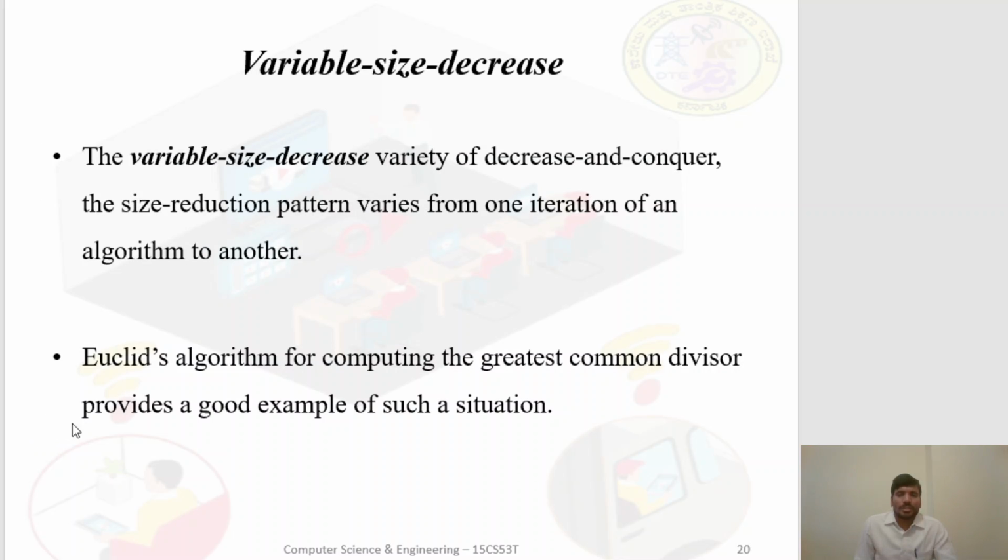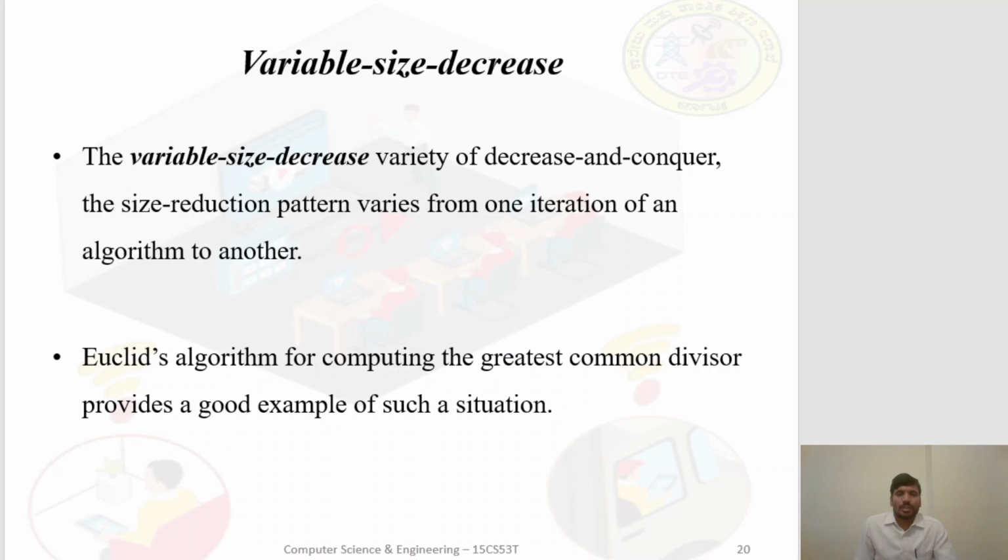So one of the best examples of this variable size decrease is Euclid's algorithm. Euclid's algorithm for computing the greatest common divisor provides a good example of such a situation. Recall the first unit where we discussed Euclid's algorithm, finding the greatest common divisor of any two integers.